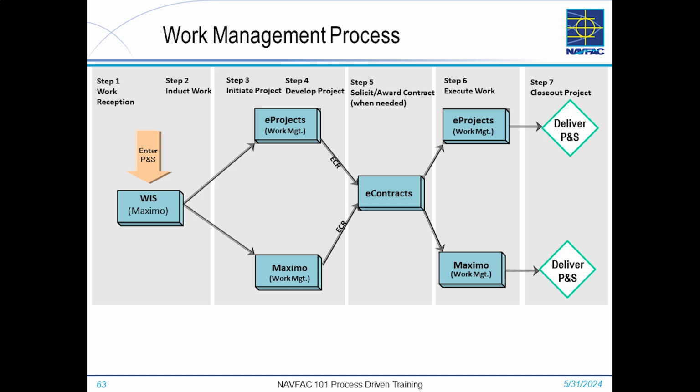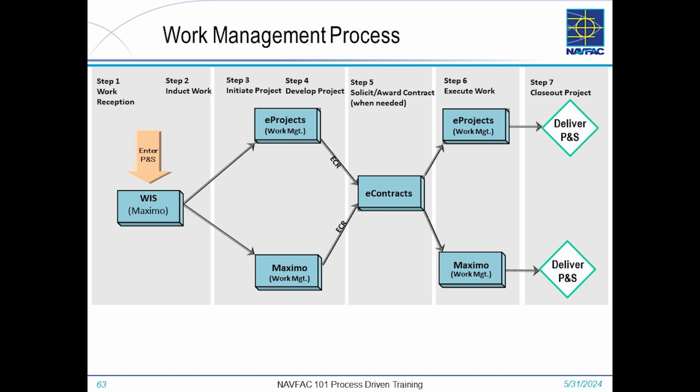Once the ECR is submitted, it is then interfaced over into eContracts in step number 5. Here's where our contracting personnel will receive the ECR and review it. They will determine whether or not the ECR will be accepted or rejected. If the ECR is rejected, it will be returned back to eProjects or Maximo for revision and then resubmission.